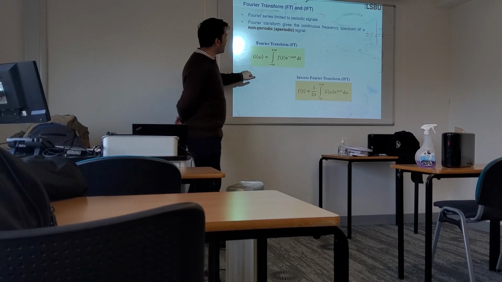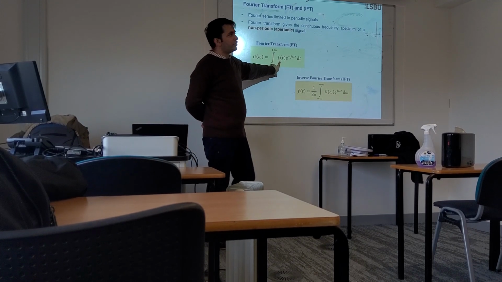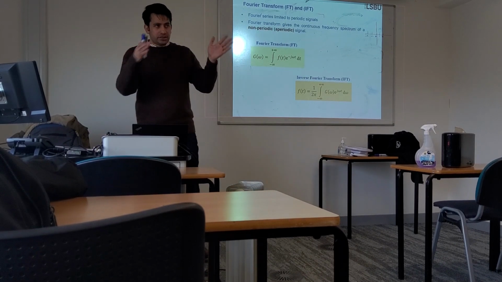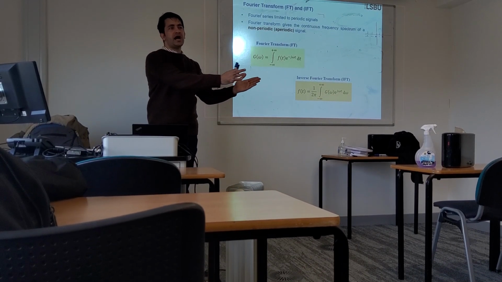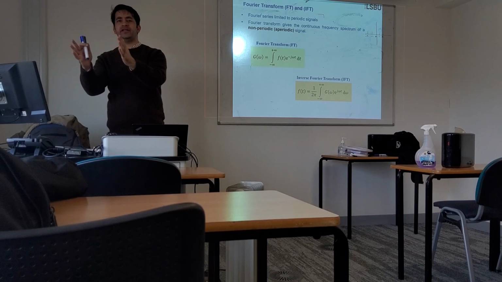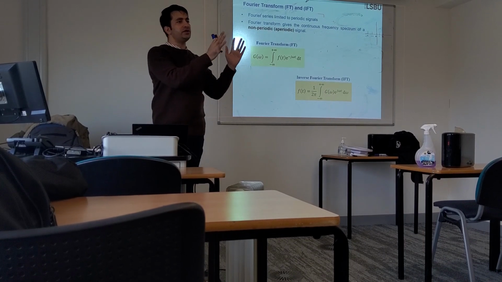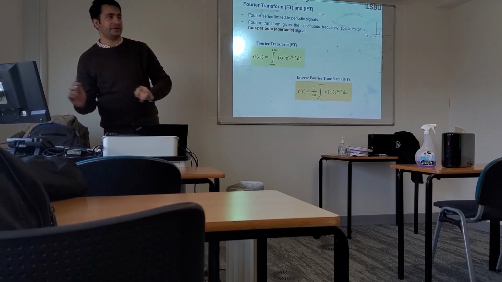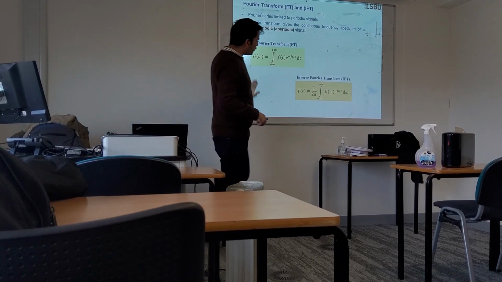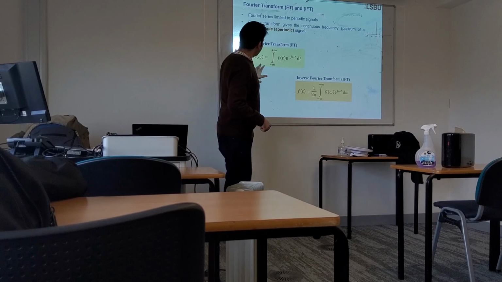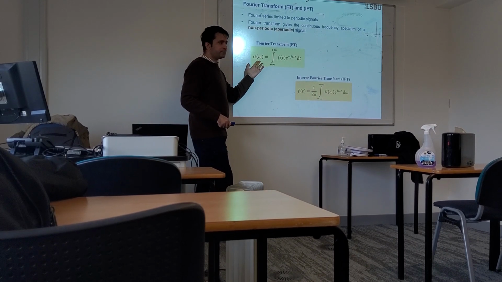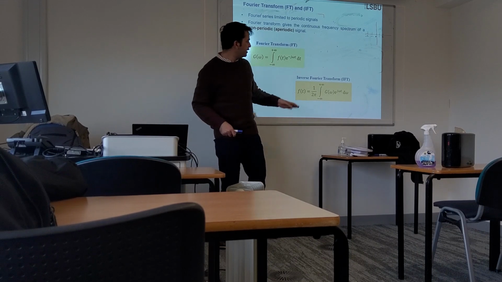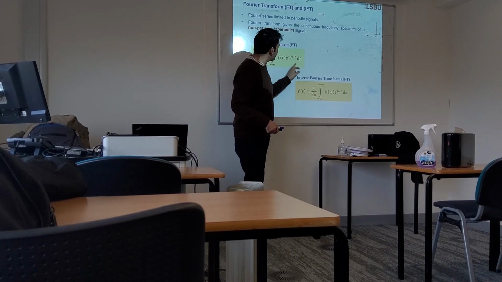Another important thing is that your input would be continuous, and the output would also be continuous. So it means the same signal in time domain, I want to see it in frequency domain. And sometimes it is useful, you cannot see something in time domain, but you can see it in frequency domain. Same goes the other way around. If I have a Fourier transform and I want to convert it back to the time domain, I have to use two things.